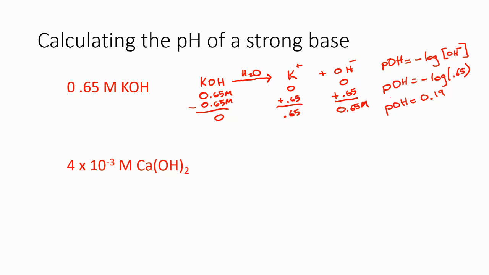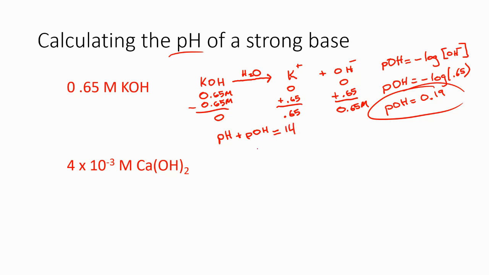We want to know not the pOH. We want to know the pH. And so we learned last time on Friday that pH plus pOH is always equal to 14.